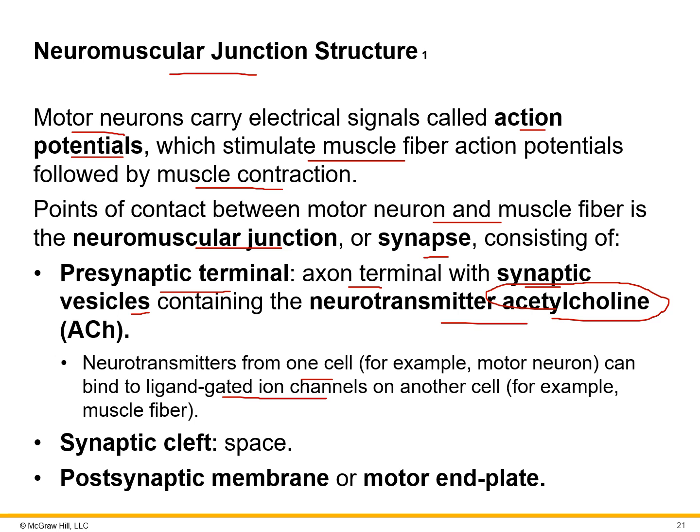That is going to open these ion channels, which will ultimately lead to the contraction of the muscle. Now, the space between the motor neuron terminal and the actual muscle is referred to as the synaptic cleft. And the muscle, on the other side of this synapse, is called the postsynaptic membrane. That's the muscle cell, which is referred to as the motor end plate. So that's where the neuromuscular junction occurs.